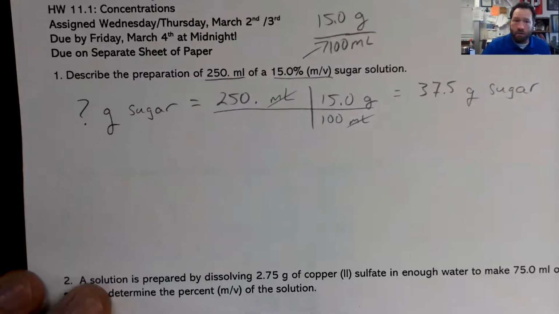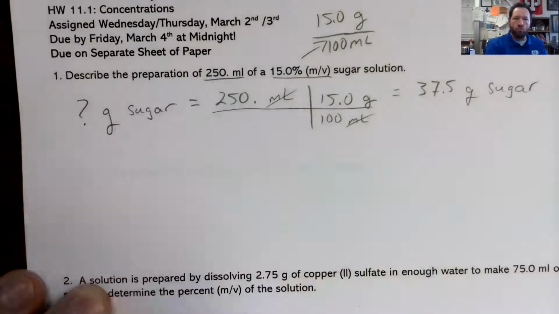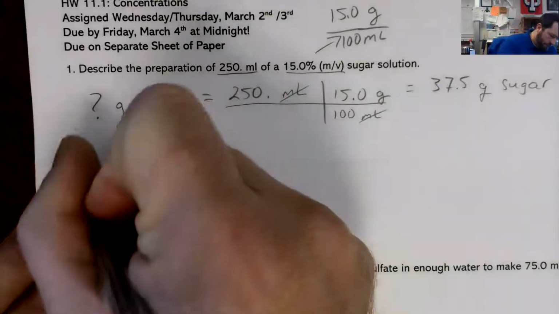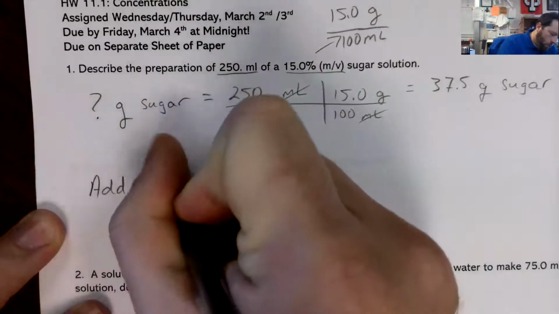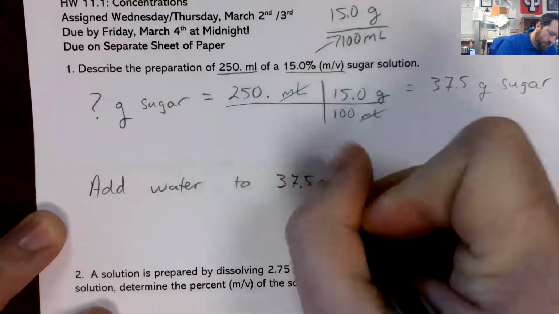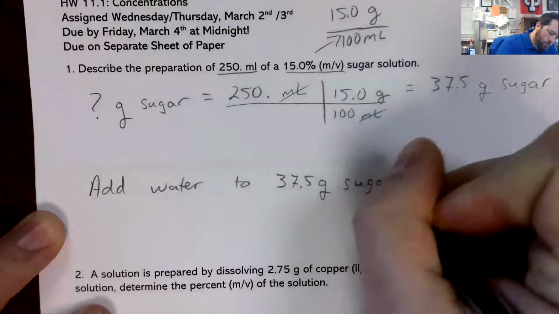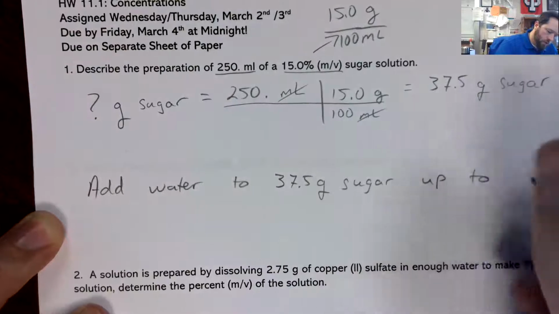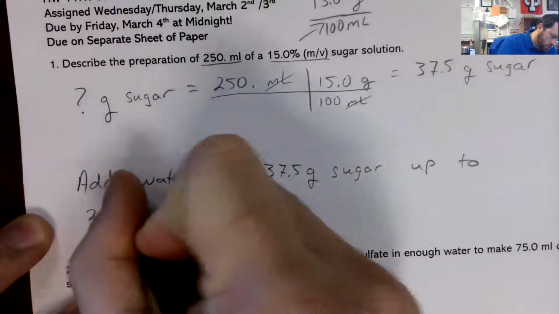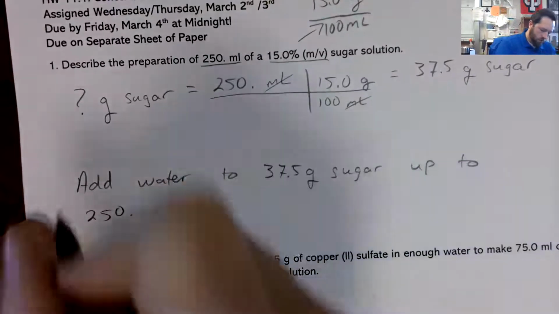But here's the thing, we're not done with this yet. It's saying describe the preparation of. So we need to say add water to 37.5 grams sugar up to a total volume of 250 milliliters.